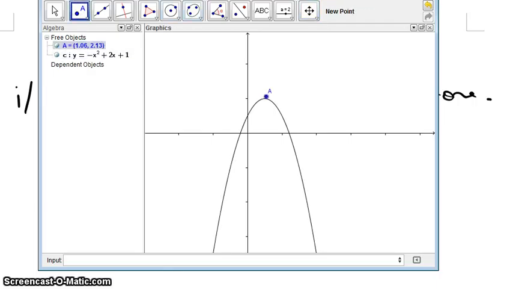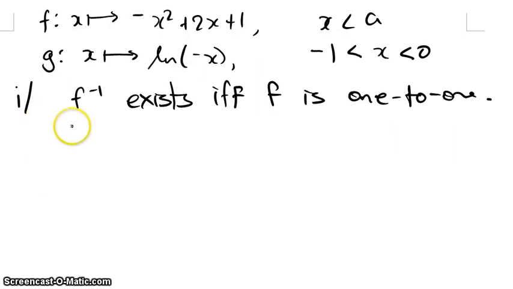So I can put that in here. That is the maximum point. So we need x to be less than 1 for this to work. So from the graph, the graph looks something like this.